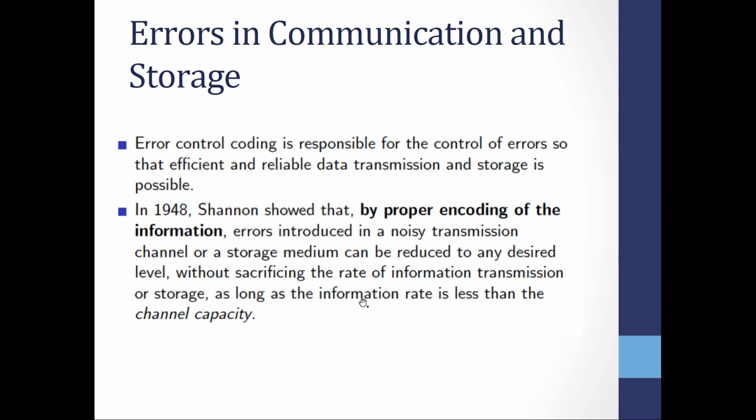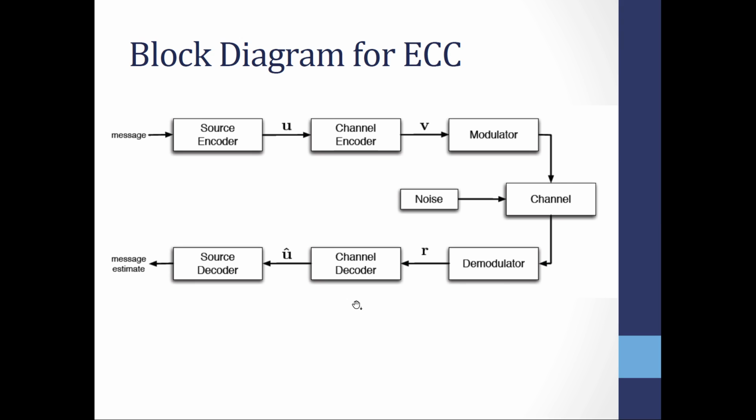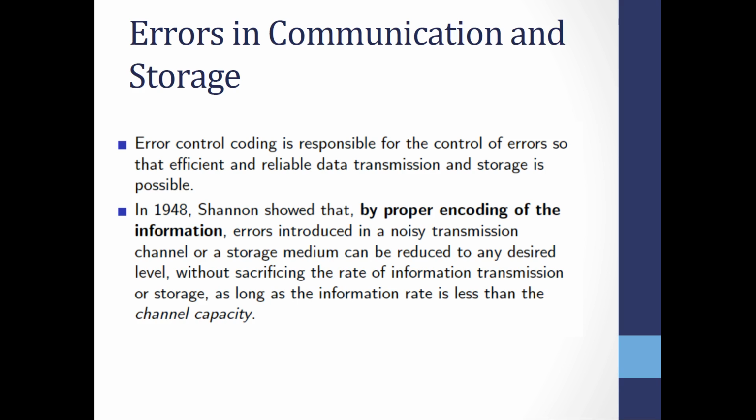So this was the theory. The theory is saying you can design these codes in such a way that you avoid the effect of the channel, especially the noise. But how to design them? This is the question. It is the responsibility of researchers, engineers, and scientists to come up with practical designs for encoding schemes that can avoid the errors caused by the channel.